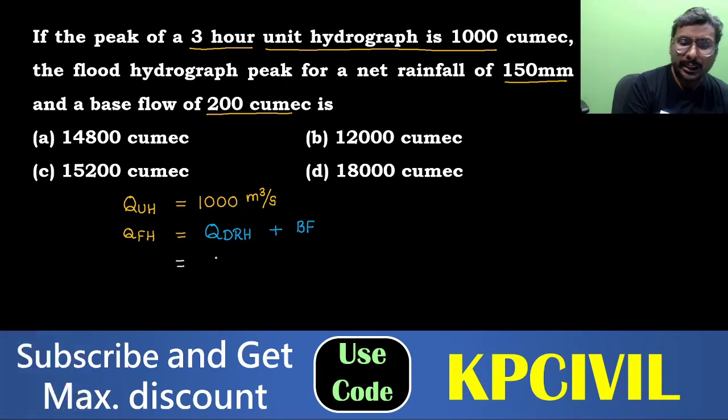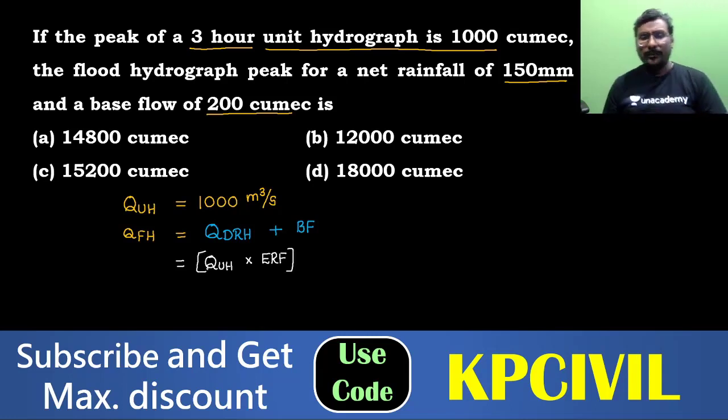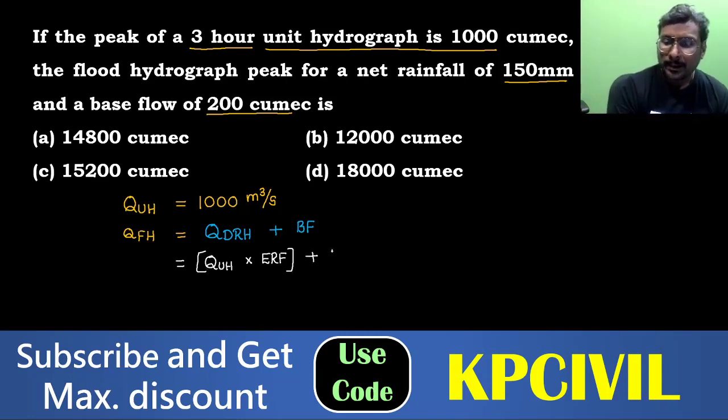What is QDRH? QDRH is equal to QUH into effective rainfall in centimeter. Direct runoff hydrograph discharge is equal to unit hydrograph discharge into effective rainfall in centimeter, plus base flow.